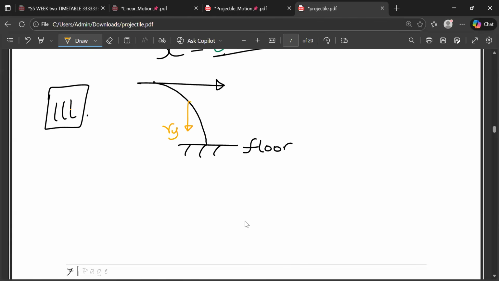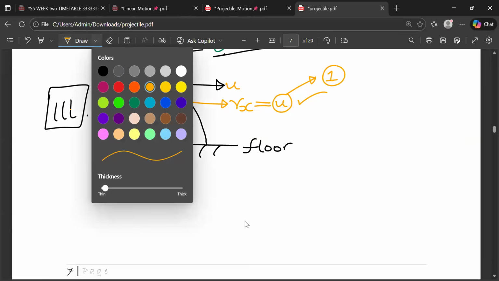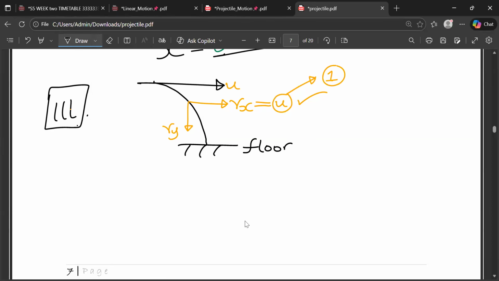Then it also has this component. So as it's coming to hit the floor, it's not having only one component. The components are two. It's also having this Vx. Remember, this one is u, no need of saying ux for reasons you know, but the Vx is also the same as what? A u, that one I warned you already. And you all know the u, according to the question, it is a 1. You get the point? Then the question is, what is this Vy? You need it.